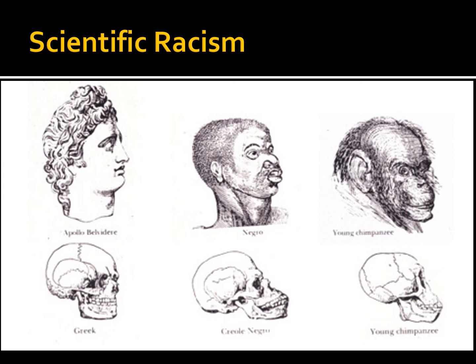They had an entire ranking system which placed people on an evolutionary scale, which we know today is absolutely ridiculous. There's no actual scientific foundation for that. But if you're able to do something like that and prove that people of color are not as evolved as white people, it justifies that social inequality that exists, right? It provides a scientific means by which to say, oh, okay, we don't need to change society because this is just how it is, because science has proven that these people are quote unquote inferior.